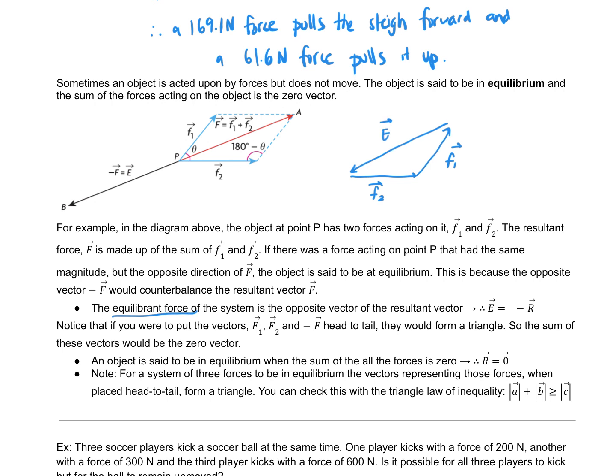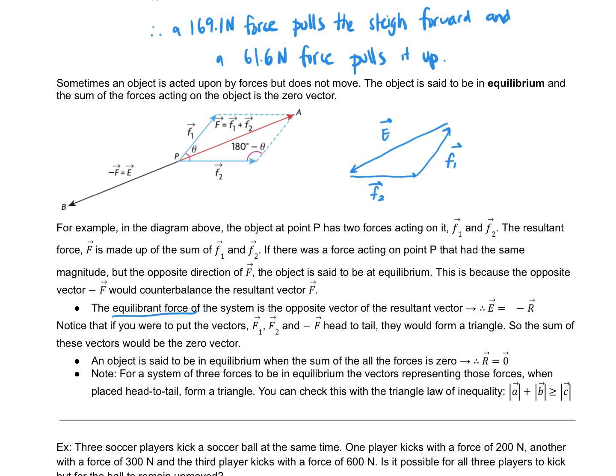If you look at all three of these forces, and if all three of them were acting on an object, the sum is 0. And in that case, that object would not move at all. So if we do have multiple forces, and we want to find that force that counteracts everything, and we're looking for the equilibriant force, we can find the resultant, keep its magnitude, but change its direction.